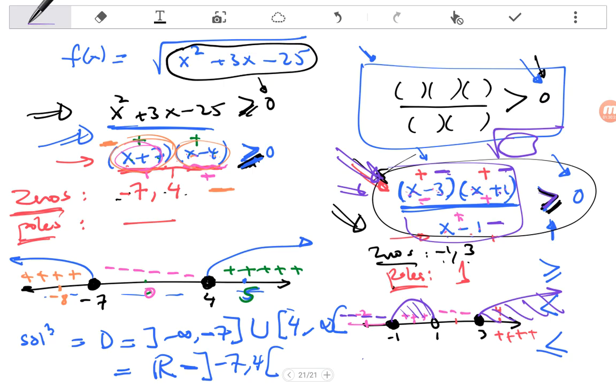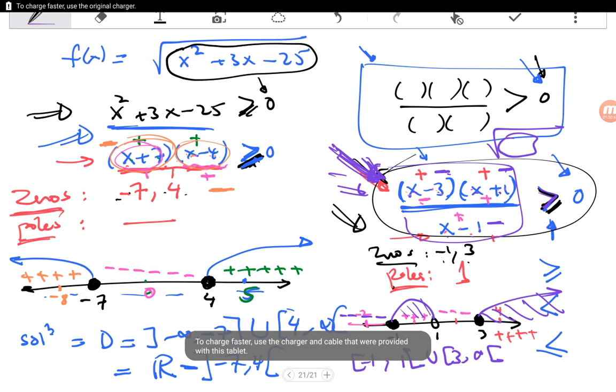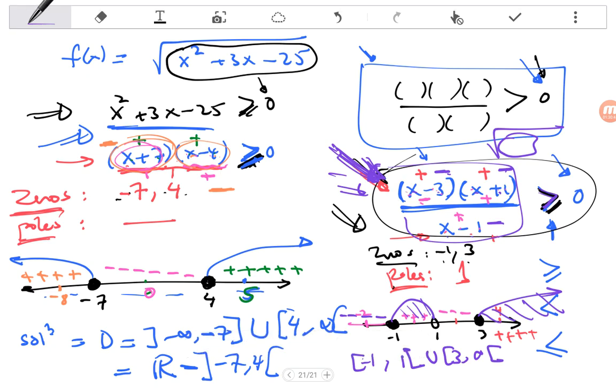That inequality came from another problem of a domain, but we are considering here the solution of the inequality. It will be -1 to 1 open union with 3 to infinity, like this. That is the solution of the inequality.